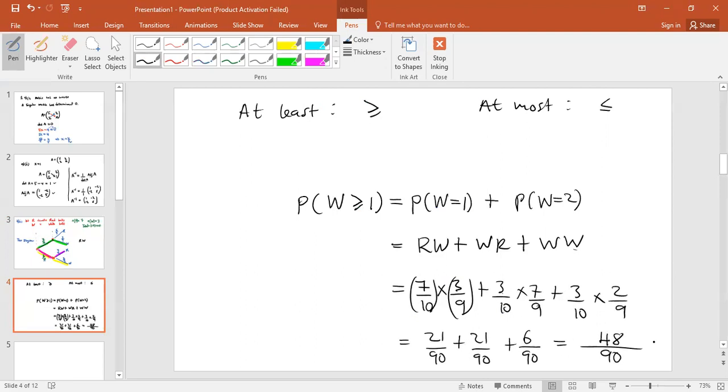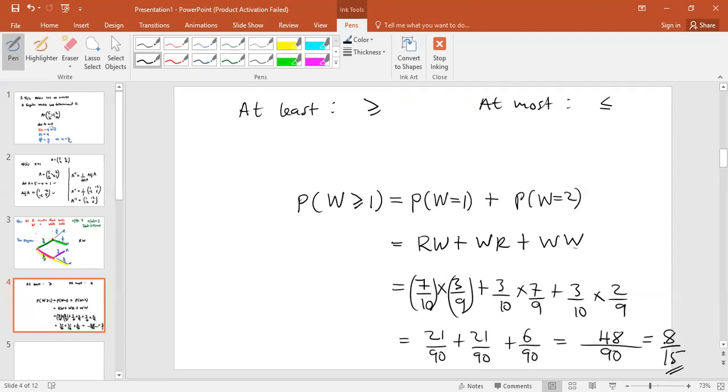Then we can reduce to simpler form: 48/90. 6 can go into 48 to give us 8, and 6 can go into 90 to give us 15. So it's 8/15. That's the probability that at least one is white.